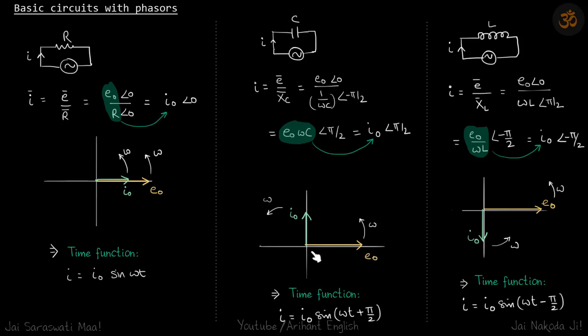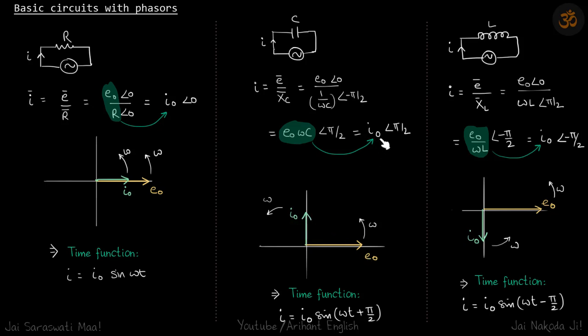So again we can represent them on Argand plane. So E naught will be just like here, but this time the current is I naught at an angle pi by 2. So it's pi by 2 ahead. So E naught is here and I naught is here.